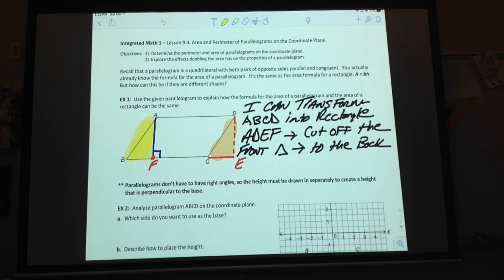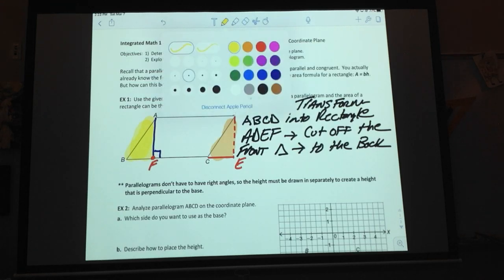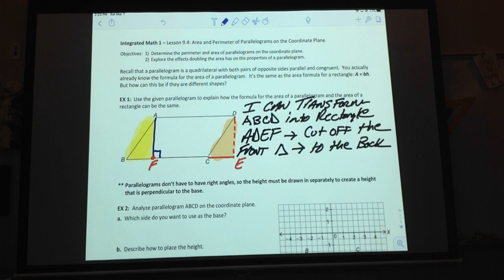And what happens is this. When I do that, I create rectangle ADEF. And now I just created a rectangle. And in essence, what I'm trying to tell you is that parallelograms do not have right angles.